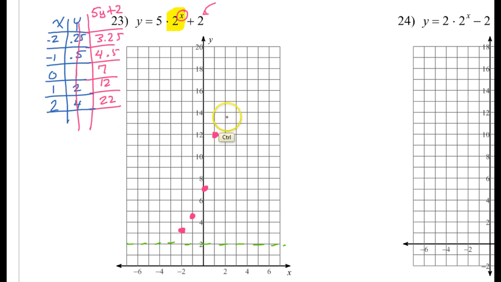And then 2, comma 22. All right, okay, that's a little bit off the grid, but you get the idea. Okay, and then you just want to sketch that curve as best you can. So it's going to look something like this.